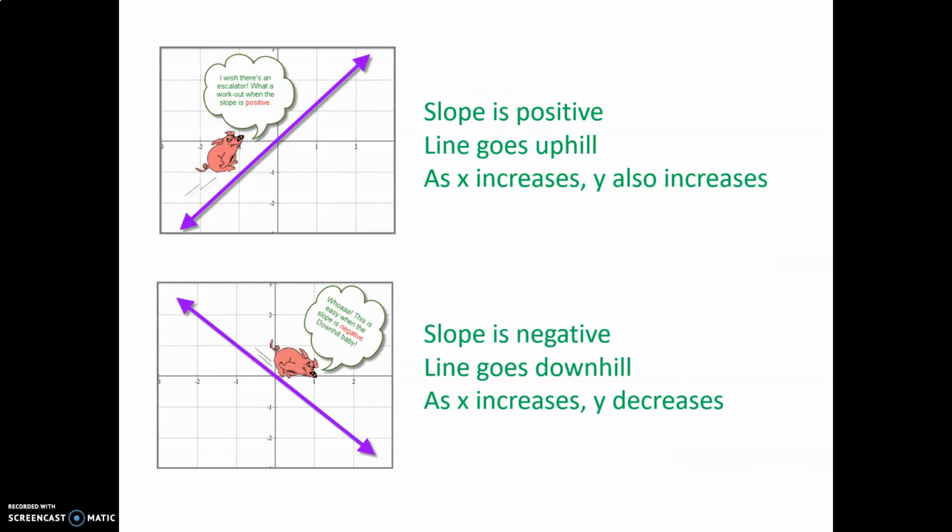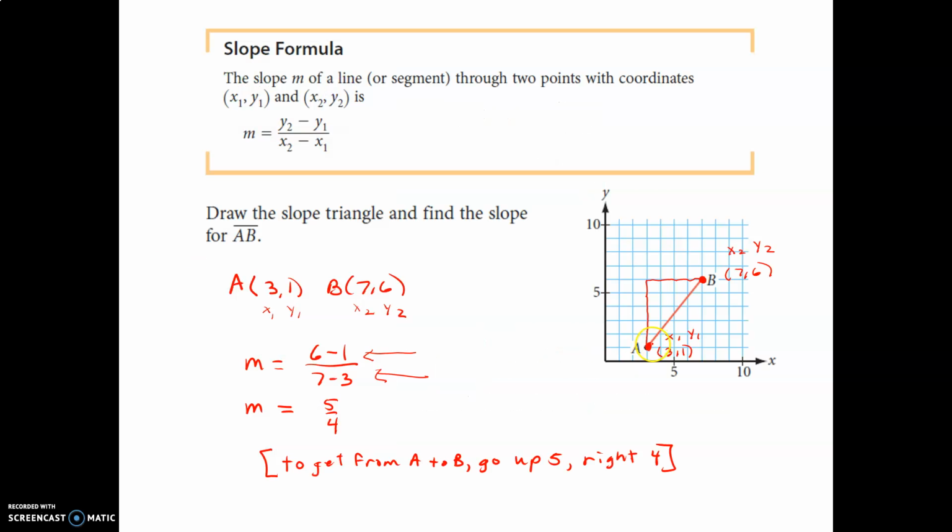What we just did was a positive slope. A positive slope line is a line that goes uphill. As x increases, y increases. So as I go from left to right, the height of this also increases. When this line was going uphill, we got a positive slope.